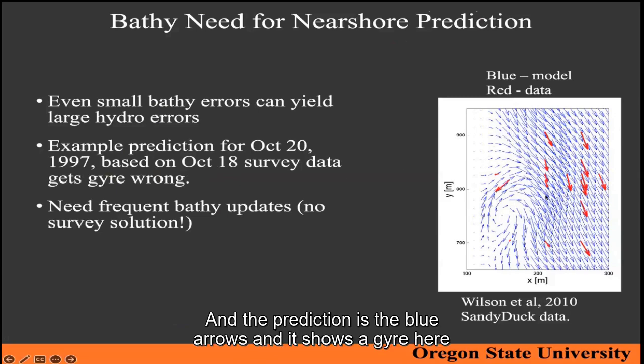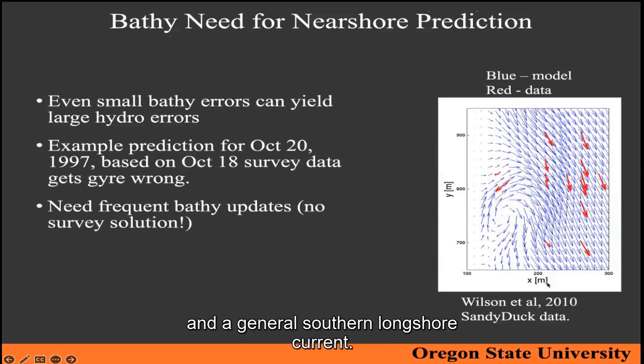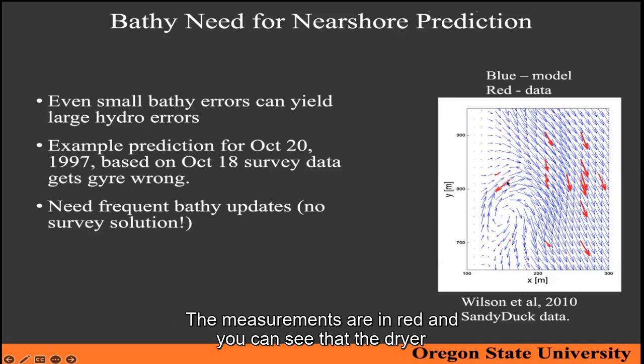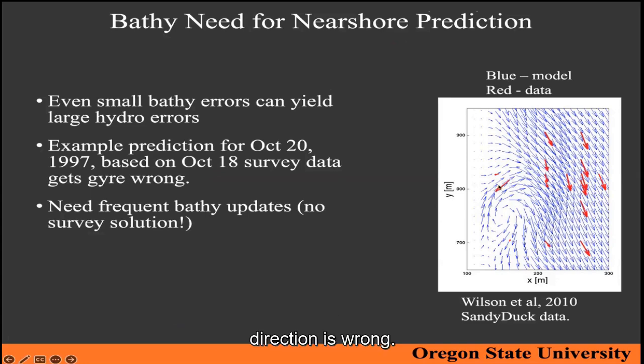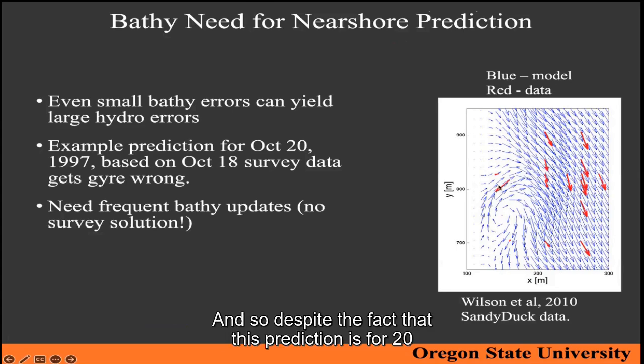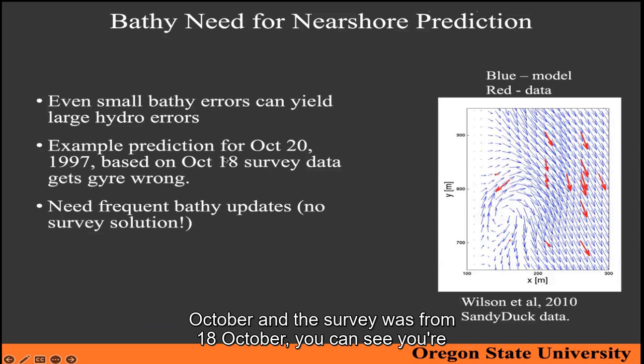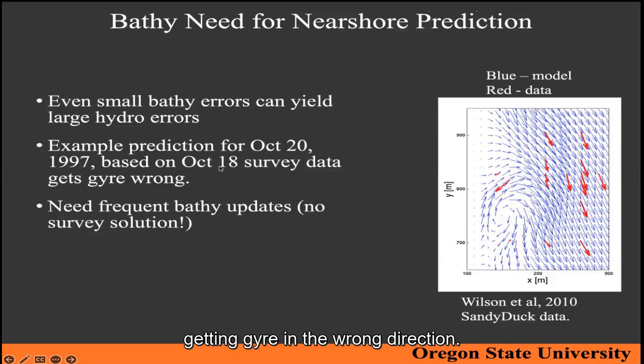And the prediction is the blue arrows, and it shows a gyre here and a general southern longshore current. The measurements are in red, and you can see that the gyre direction is wrong. And so despite the fact that this prediction is for 20 October, and the survey was from 18 October, you can see you're getting the wrong direction.